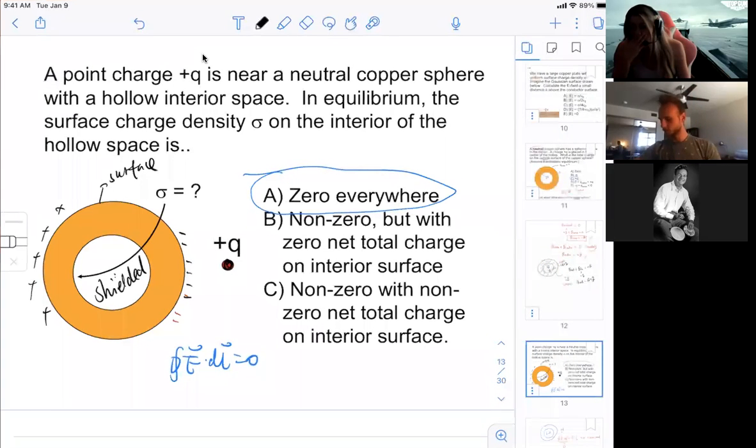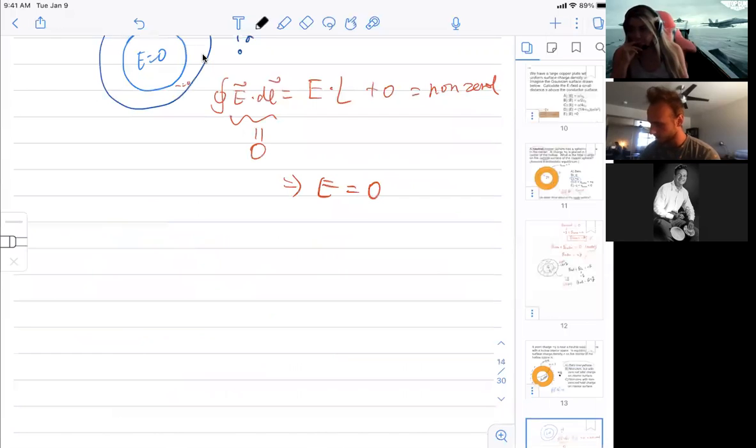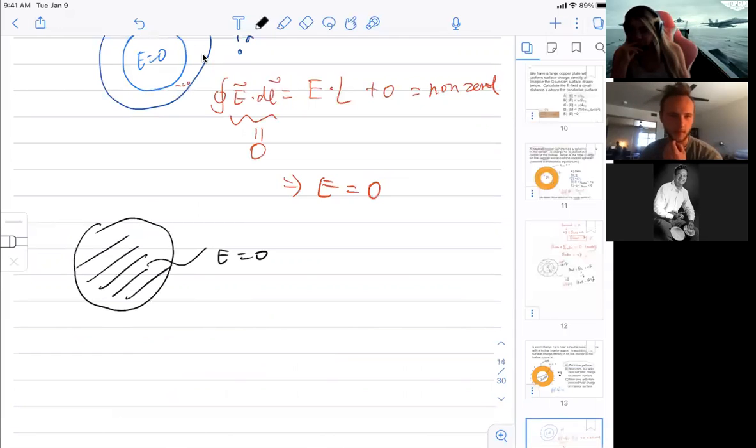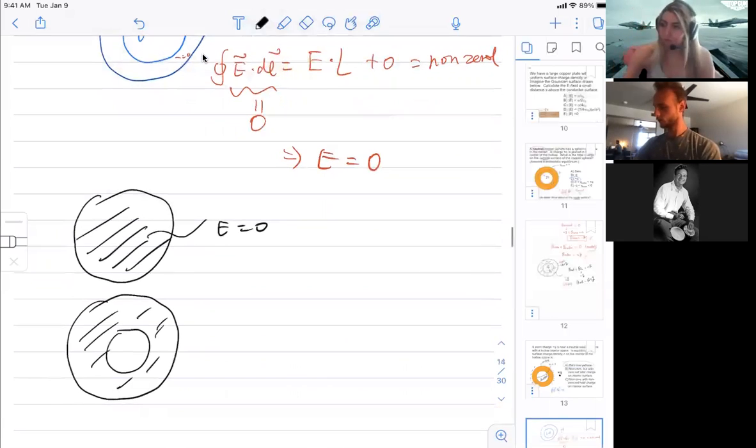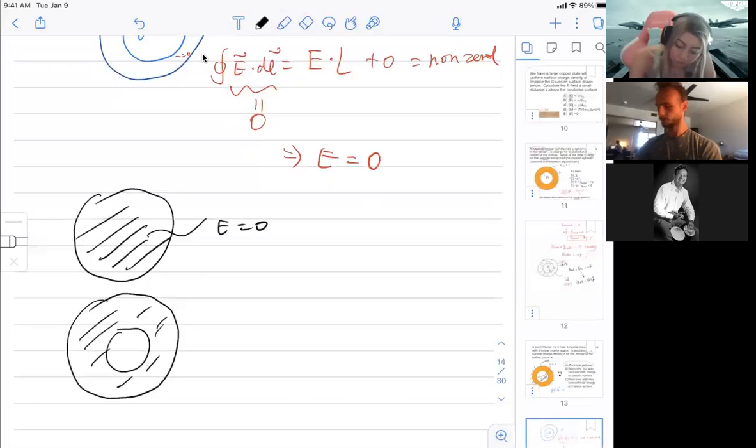If you have a hollow conductor and there's no charge inside, then the hollow conductor has a 0 E field inside. So what we have established is, you can have a metal conductor where E is 0 inside. Now if you dug a hole in the middle of the metal, which means you have removed a chunk of material, as long as you're removing a net neutral amount of material, it's still going to be neutral.